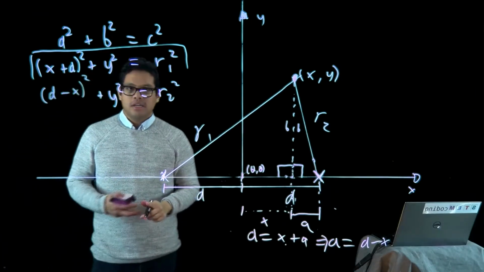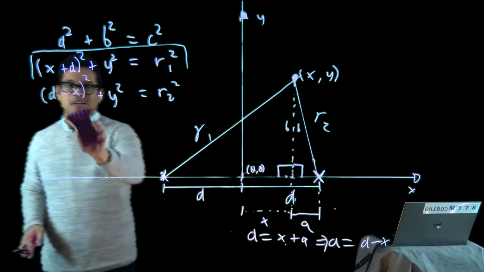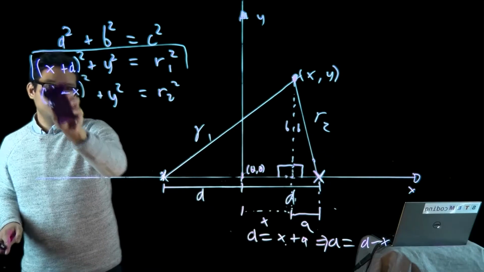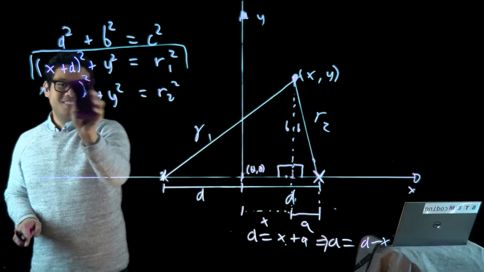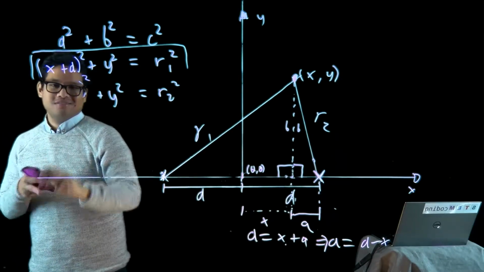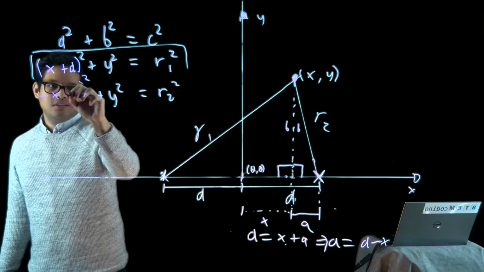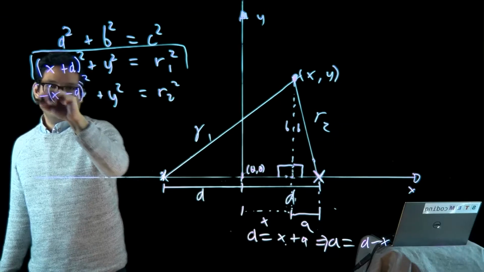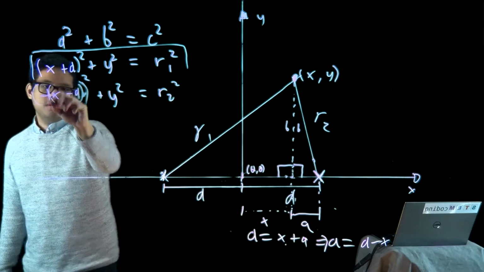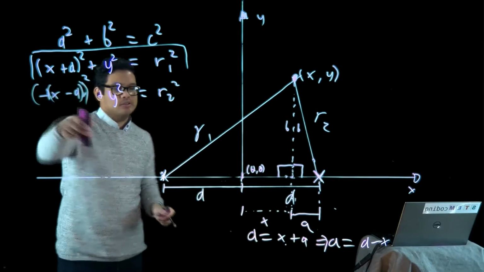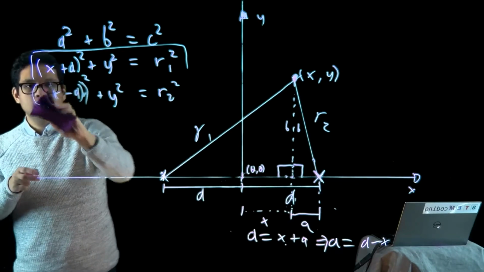Now, just because I like symmetry, I'm going to invert this and pull out a minus sign. So it's minus x minus d. So we're pulling out a -1 right there. Make that a little bit cleaner.